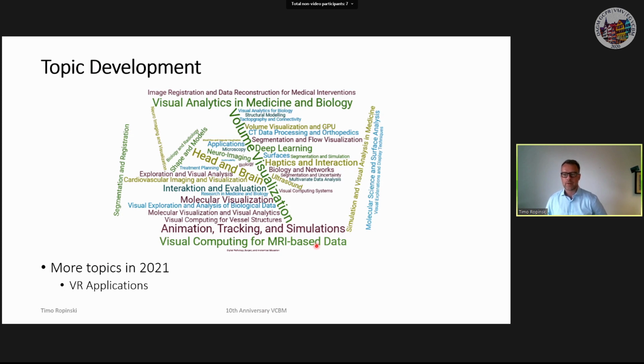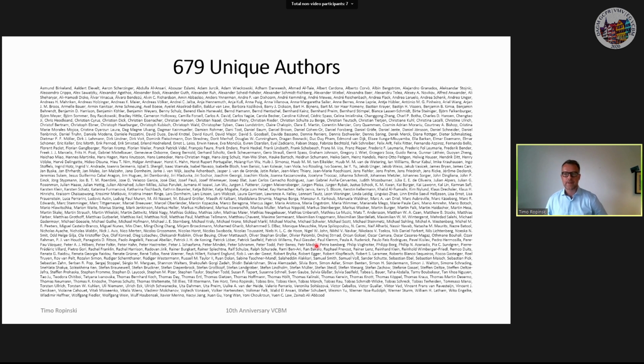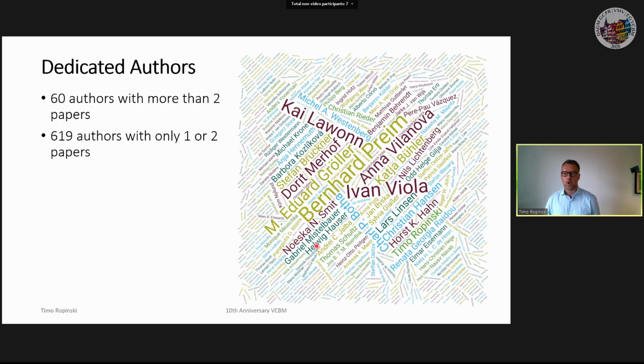So who's all working on this? I've looked a little bit into previous proceedings and papers. And it turns out we have 679 unique authors until 2019 so far. When you look at it a little closer and analyze based on frequency, it turns out that roughly 10% of these authors have more than 2 papers, and roughly 90% have 1 or 2 papers only.